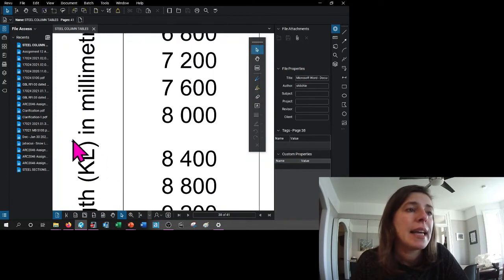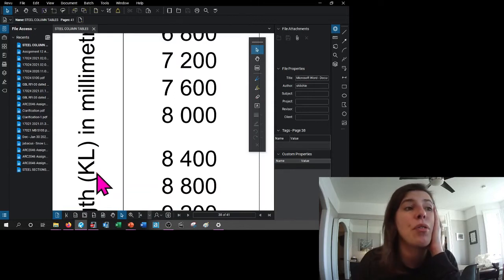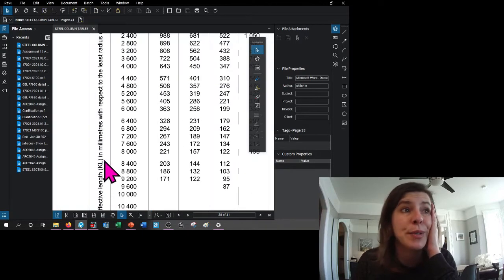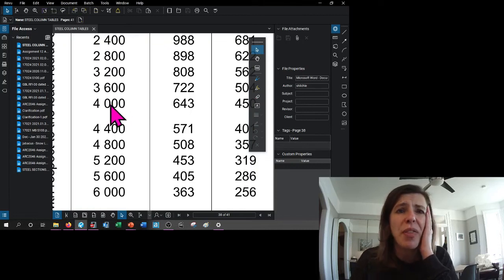Well, KL, I've told you can use a K of 1, so 1 times our 3,975. We're going to stay with 3,975. So it seems like we are going to have a compressive resistance somewhere in between these two, but closer to 4,000 would be my guess, or the value for 4,000.